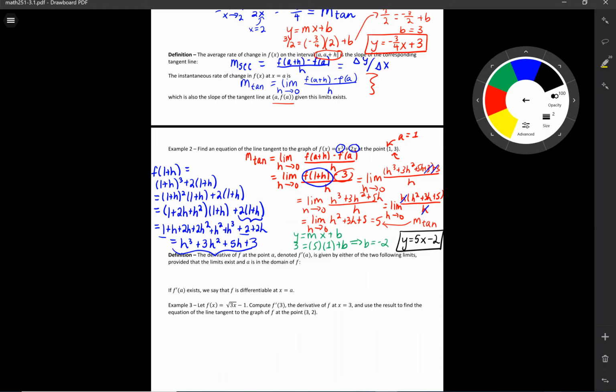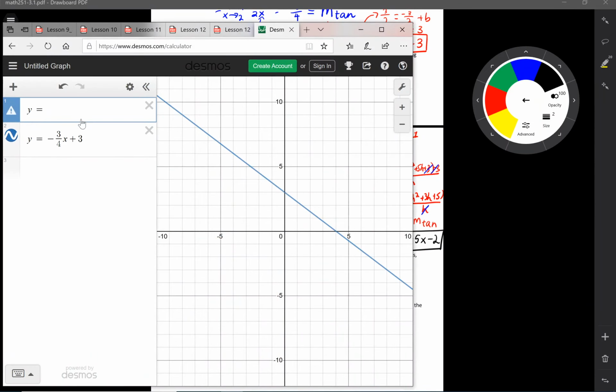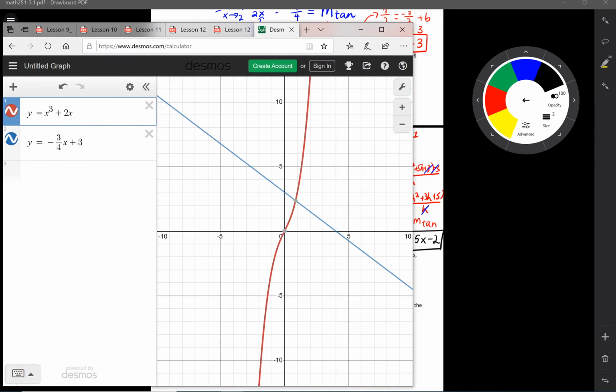If I want to see what this looks like on Desmos, and I do, let's pull up this graph. Y equals x cubed plus 2x. So that is the red line. I am at the point 1, 3 right here.